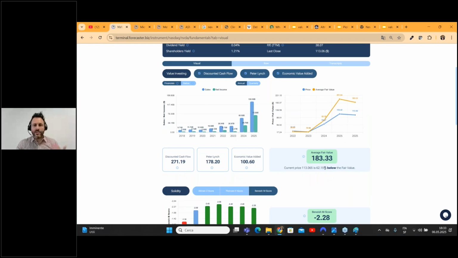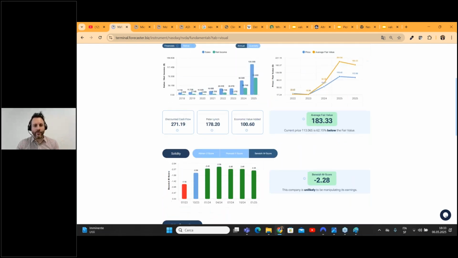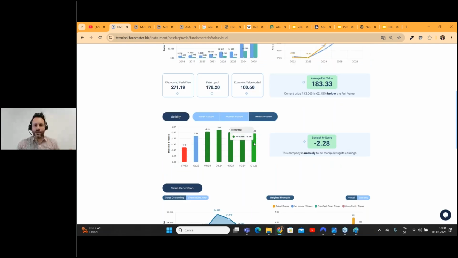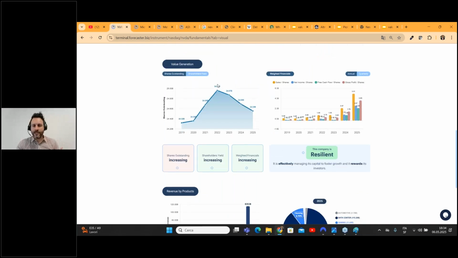We have a company which is very solid, with a score of 54, incredible. The Piotroski score is good. The Beneish score is minus 2.28, which is good. The company is doing great in terms of efficiency. Look how it's growing. And they are also doing buybacks since 2022. Really nice, amazing company.